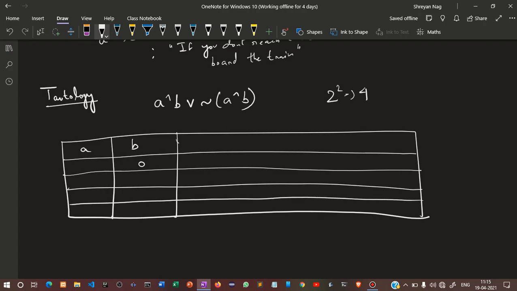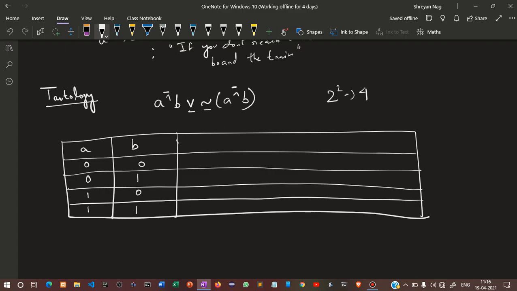So 0 1 0 1, 0 0 1 1. First of all there is conjunction, then disjunction, negation, again conjunction.